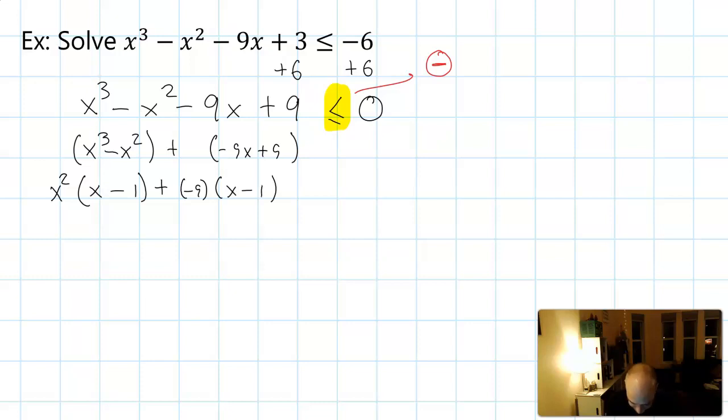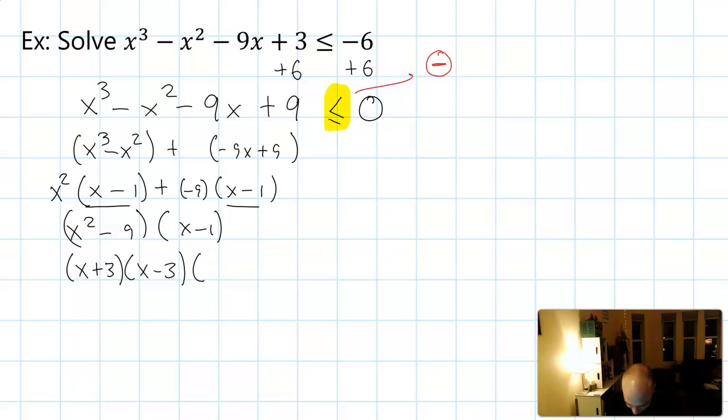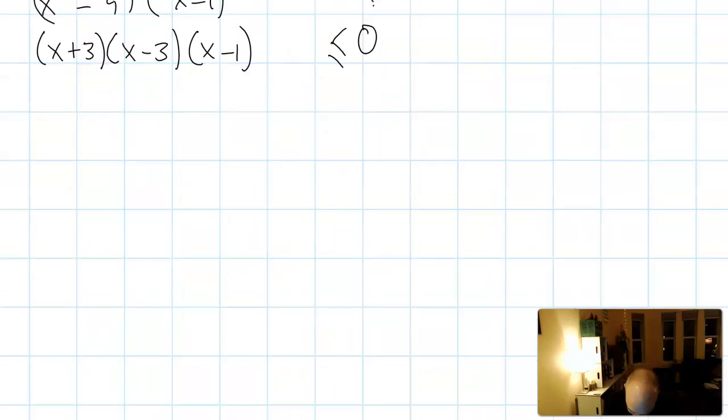And then the x minus 1 is a common factor, so I'll group that out, and we get x squared minus 9, x minus 1, and then we'll factor this into x plus 3, x minus 3, x minus 1, and then I'll remember that I'm trying to solve the inequality less than or equal to 0.